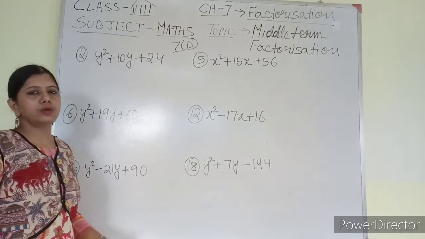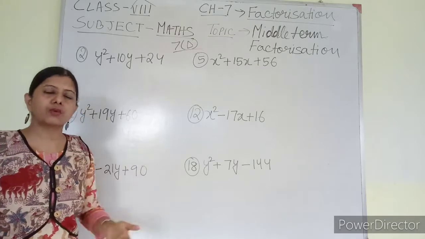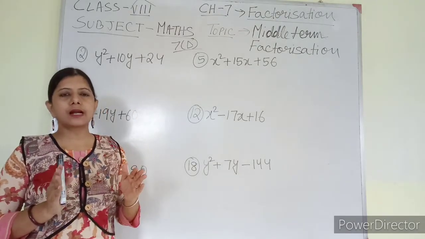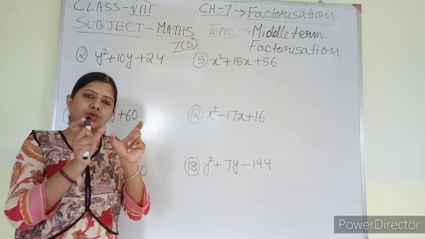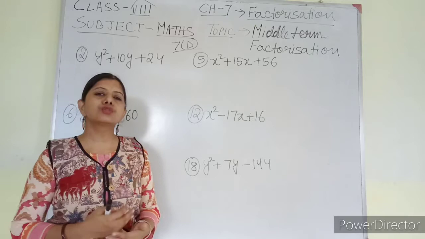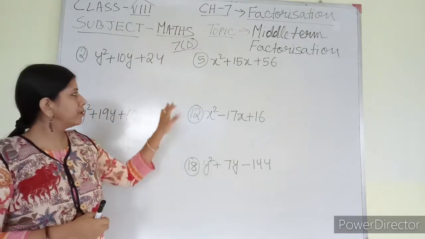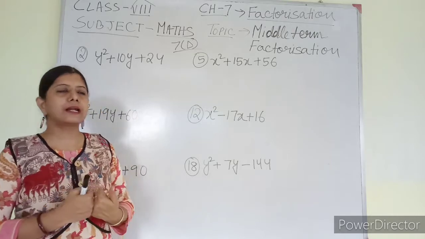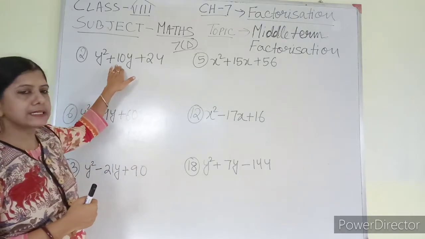How will you obtain 24? Whatever the factors of 24 may be, you have to divide it into two factors in such a way that those two numbers when multiplied will give you 24 and when added or subtracted will give you this, that is 10.